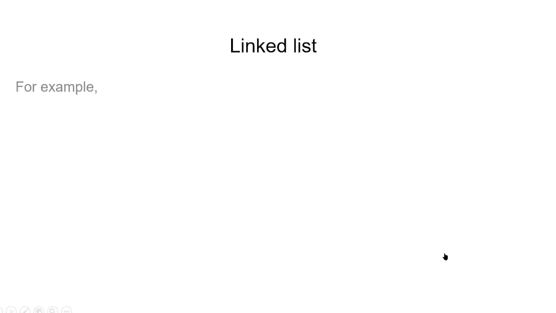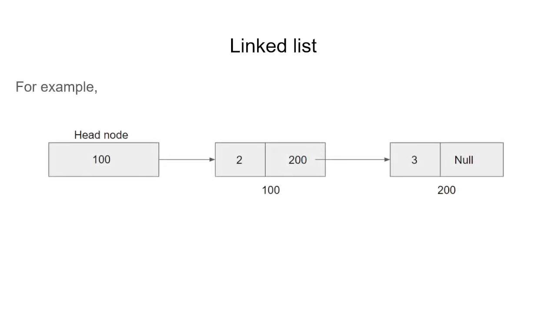So next, for example, the general structure of a linked list. This is the head node that contains the address of the first node, and basically this head node is a pointer that points to the first node. And the first node, as we know, has two parts, that is, one data part and then a pointer part, which points to another node.